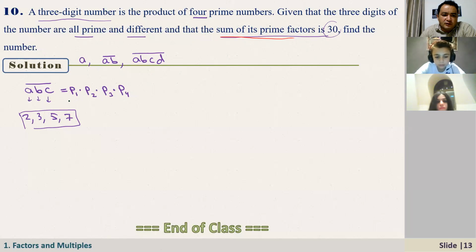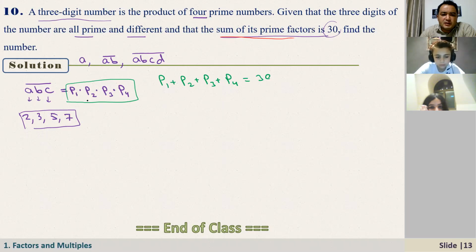So since these are prime numbers, prime factors sum to 30 means either we have P1 plus P2 plus P3 plus P4 equal to 30, where P1 and P2 may be the same.